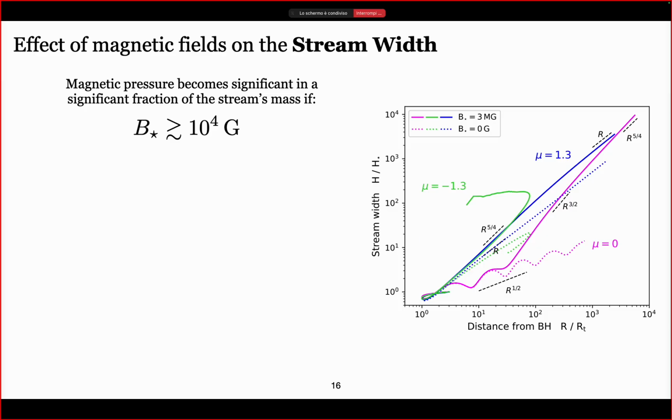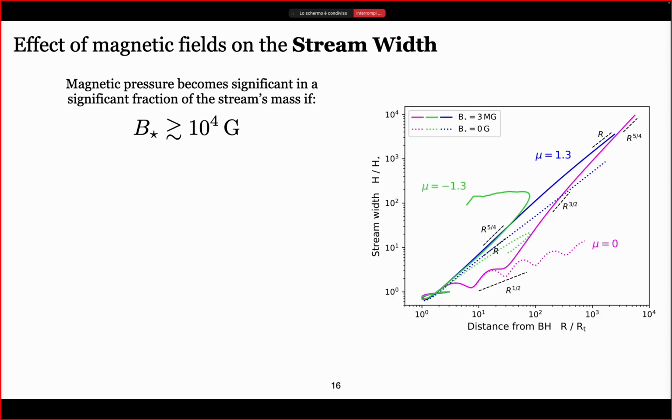I have estimated analytically that in order for the magnetic field to affect the evolution in roughly 50% of the mass of the stream within a year after disruption, you need a star that initially has a magnetic field of around 10 to the 4 Gauss.